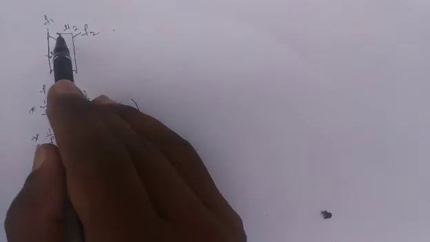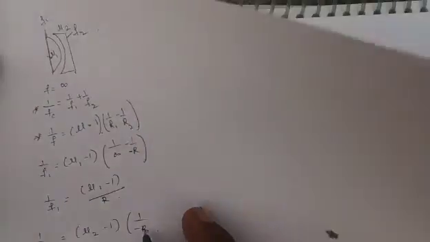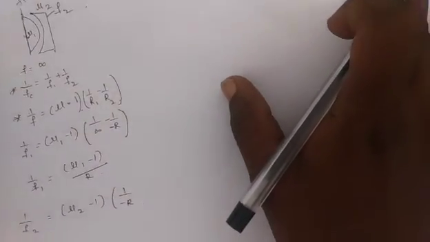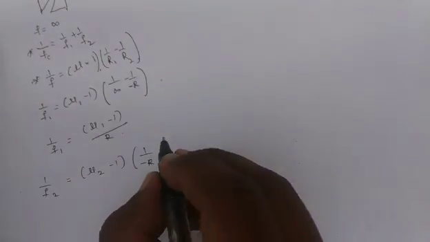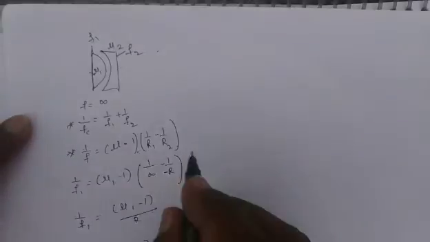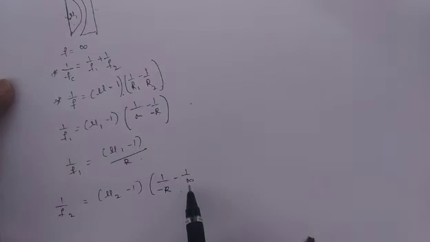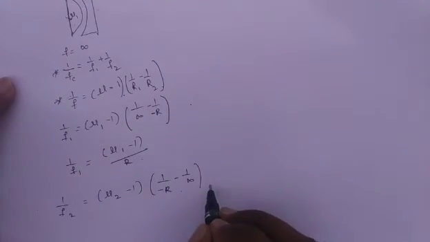Because of this surface, so the r value is 1/(−r), minus 1/infinity, because this one is a plane surface.